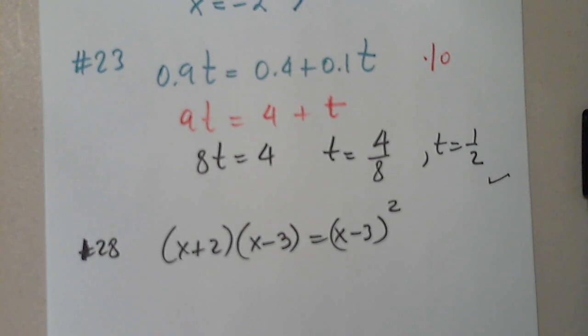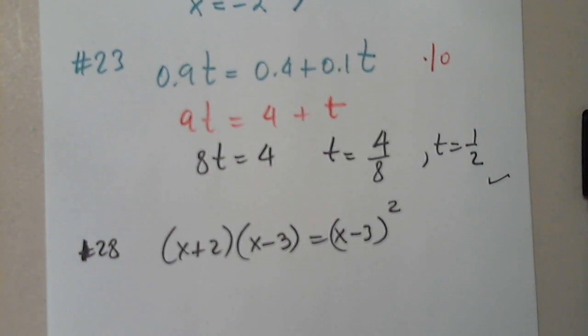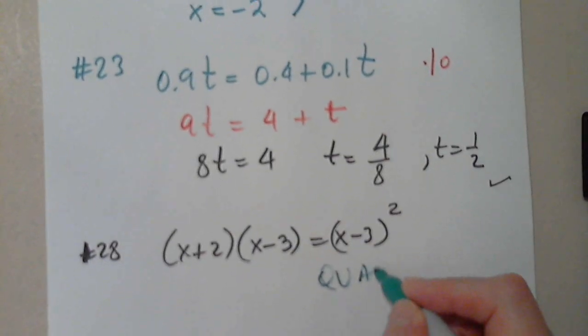But what is it at this stage? Later on, it may turn into a linear. But at this stage, what is it? Anyone, please? Quadratic. It is quadratic at this stage.